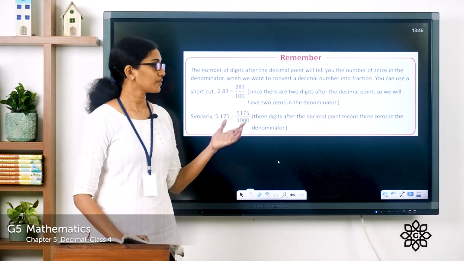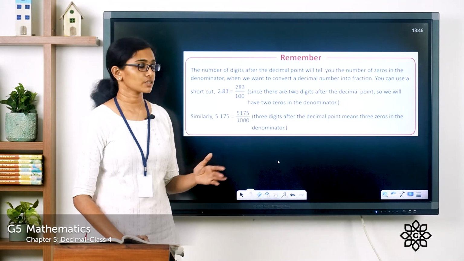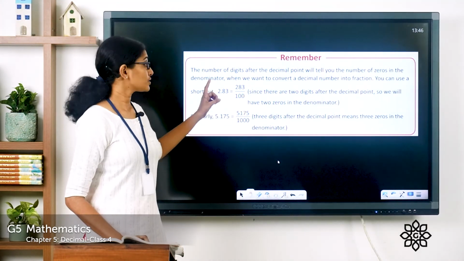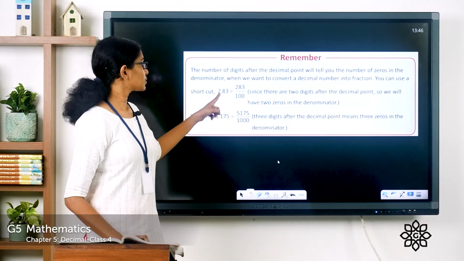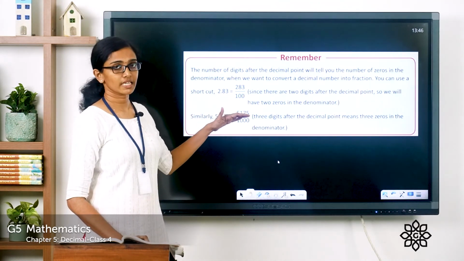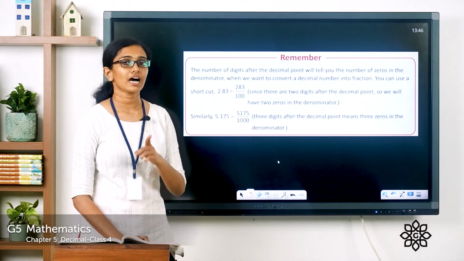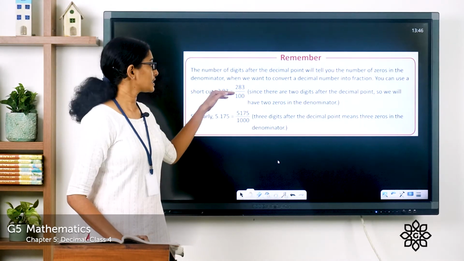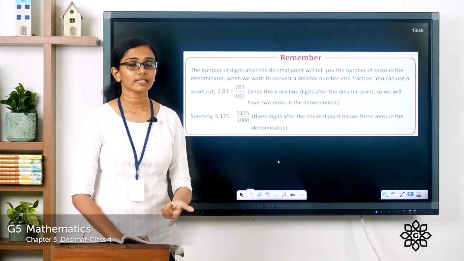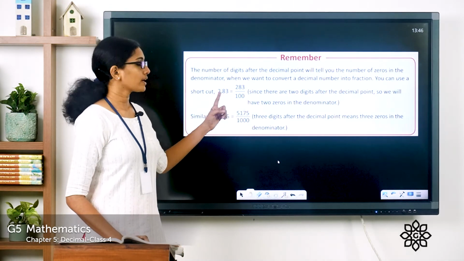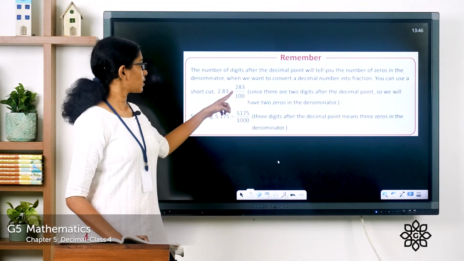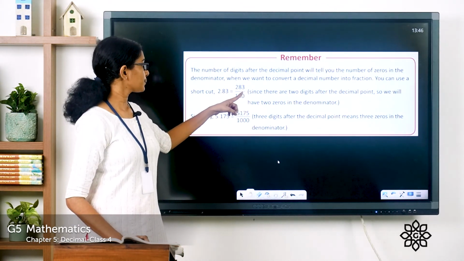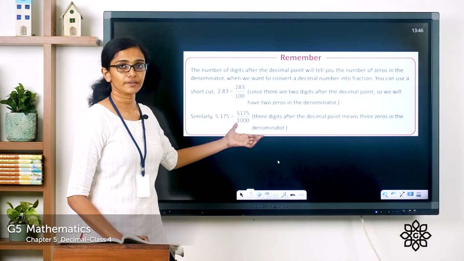We have seen how to convert a decimal number to a fraction. Now see, in the number 2.83, there are 2 decimal places after the decimal point. So that indicates how many zeros there are in the denominator when you convert that to a fraction. So 2.83 is equal to 283 by 100.